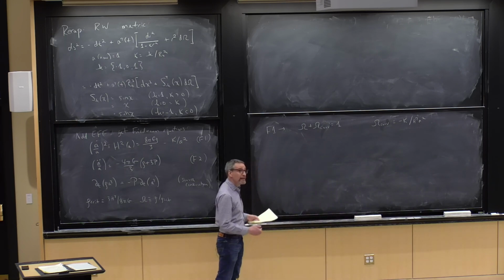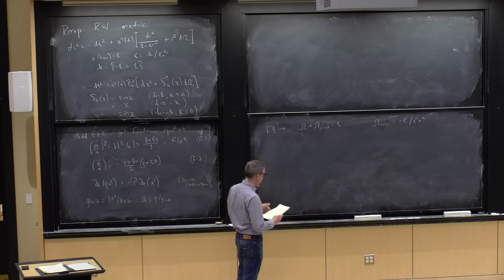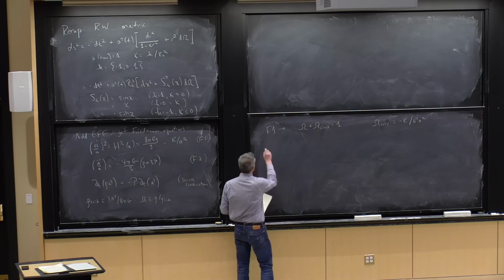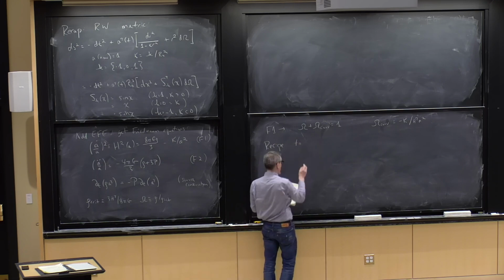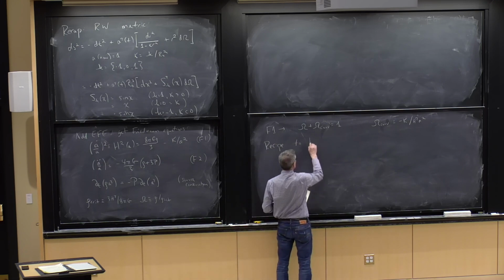We now have everything we need using this framework to build a universe. So let's write down the recipe to build a universe. Or I should say, to build a model of a universe.